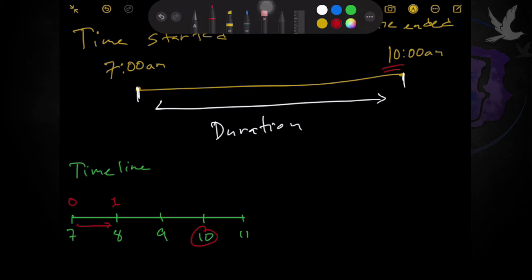Then from there on, counting continuously, this will be your second hour, and continuing, that will be your third hour. Which means the duration from 7 a.m. to 10 a.m. is equivalent to 3 hours. Okay? So that's how our skip counting works.